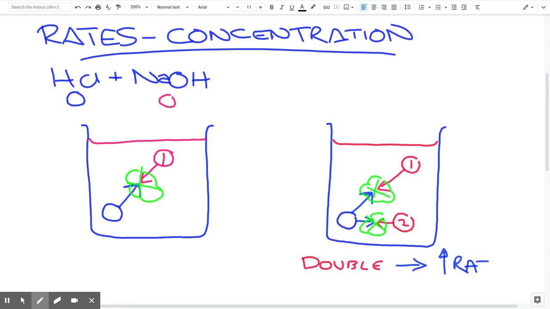Now, because we've put a doubling of concentration and we've put an increasing of rate, it is possible in some situations that we can see a doubling of the concentration actually leading to a doubling of the rate of reaction.